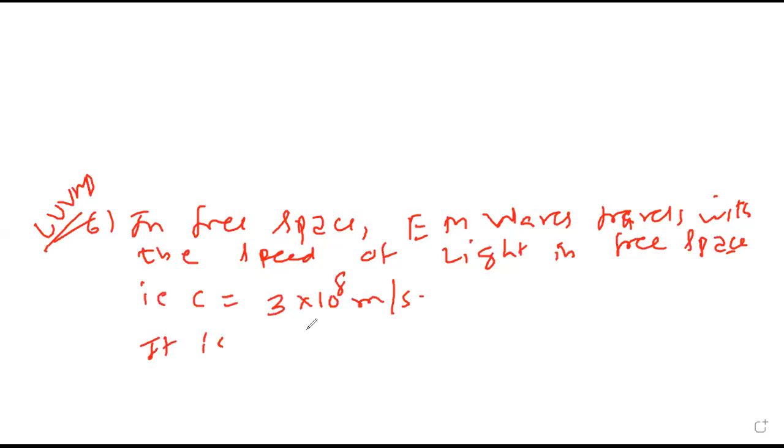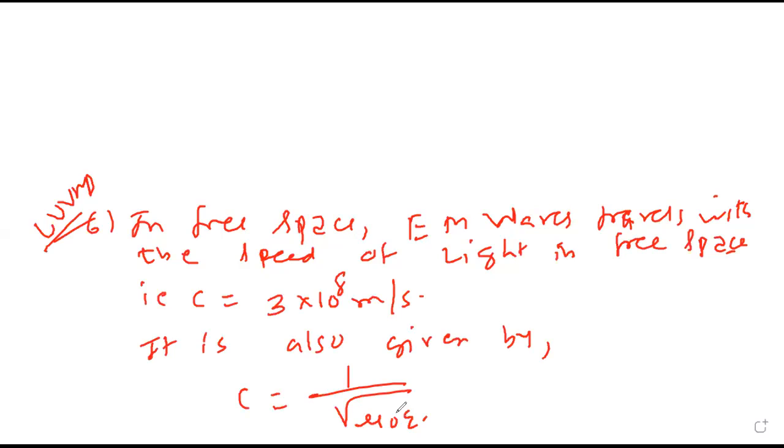It is also given by c equals 1 upon root of mu naught into epsilon naught. Mu naught is the constant used in magnetism called permeability. Epsilon naught is called permittivity. Sixth point. In the measurement chapter, they may ask you the dimension of mu naught and epsilon naught together. Remember, c equals 1 upon root of mu naught and epsilon naught. So if you know the dimension of c, you will get the dimension of epsilon naught and mu naught very easily.